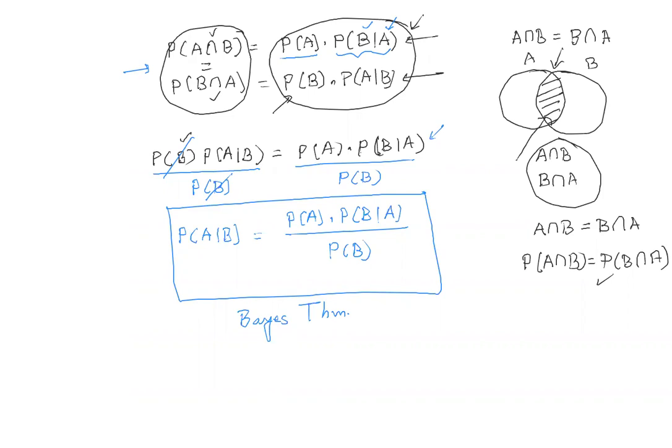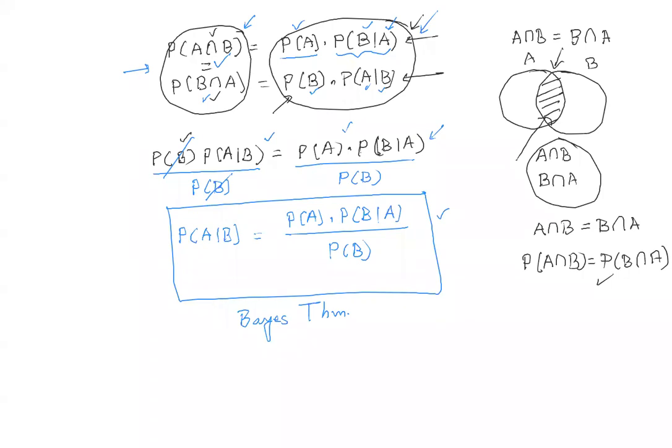Probability of A intersection B is the same as the probability of B intersection A. So we could say probability of B times the probability of A given that B has happened. Now, these two things are equal. And if I equate them, and then divide both of them by probability of B, I get this theorem. This is called Bayes theorem. This is a famous theorem. Bayes theorem is very, very useful.